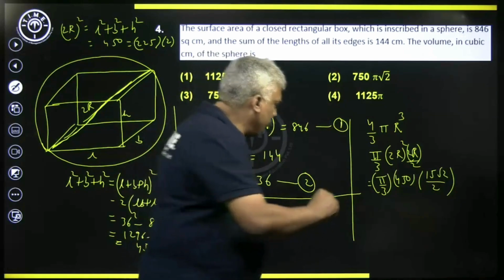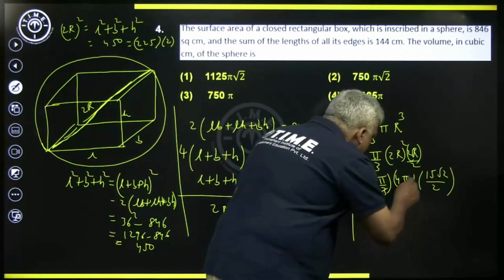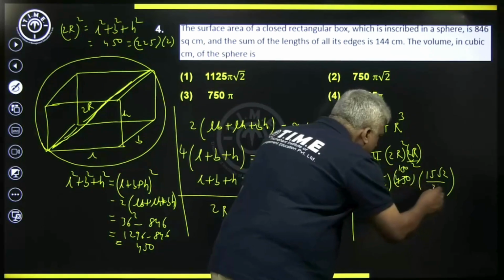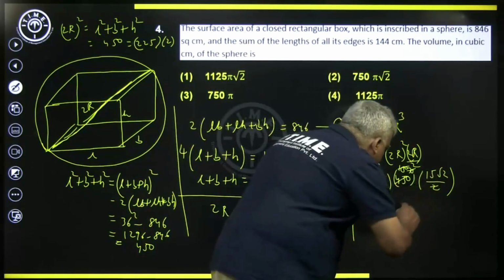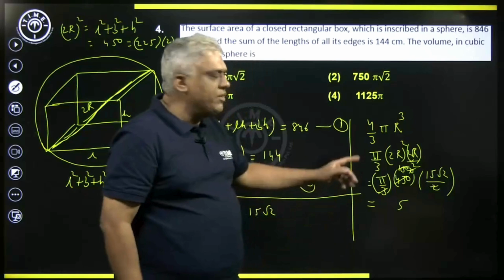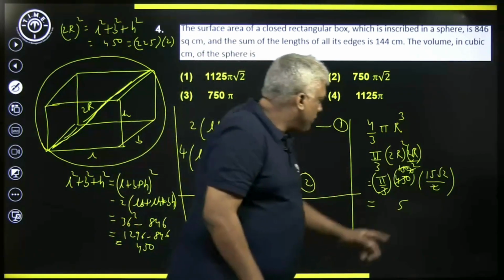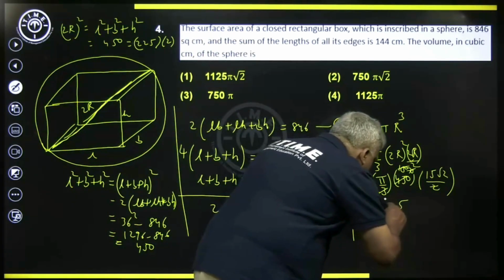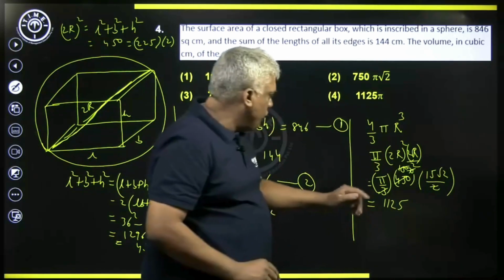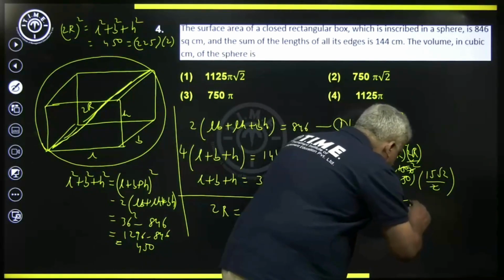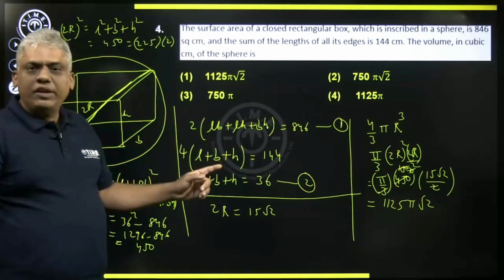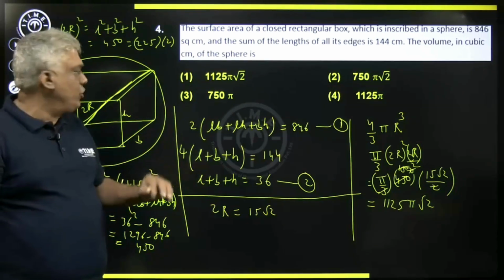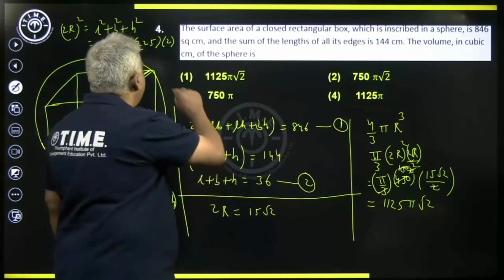Now 450 by 3 will go 150 times, and 150 by 2 is 75, into 15. 15 times 5 is 75, 15 times 7 is 105, plus 7 is 112, so 1125 pi root 2. So the answer is 1125 pi root 2, which is option 1.